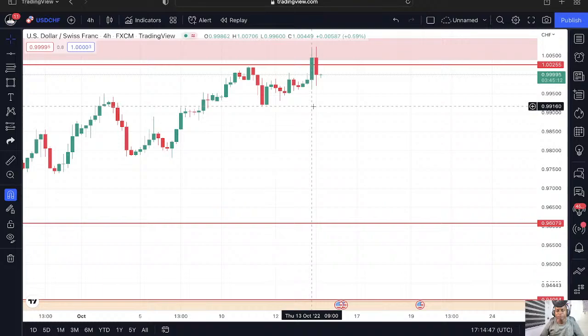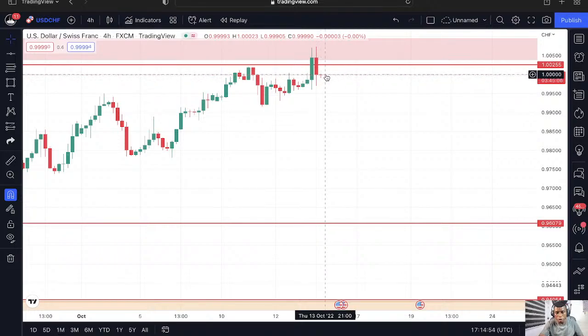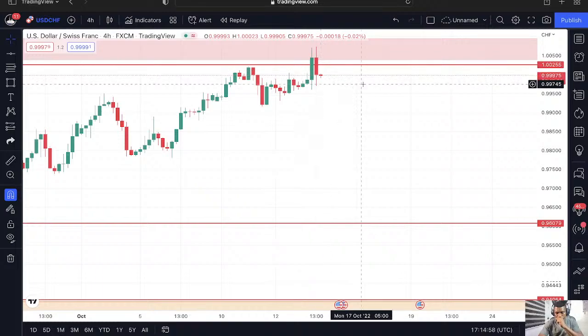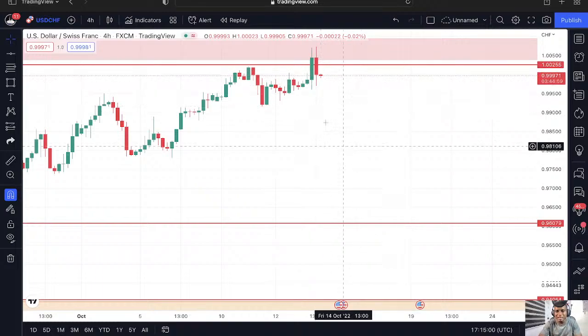Here now this last candle has closed, a new candle is being formed. So what do we anticipate in this candle?